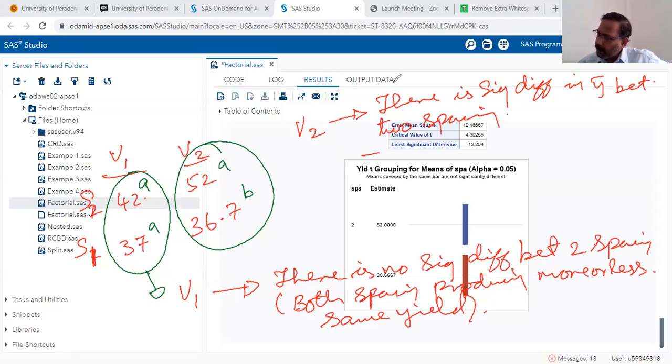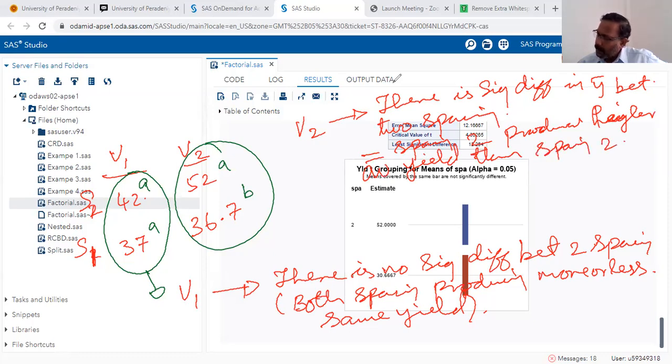Then as the next sentence, you can write: spacing 2 produces a higher average yield than spacing 1.